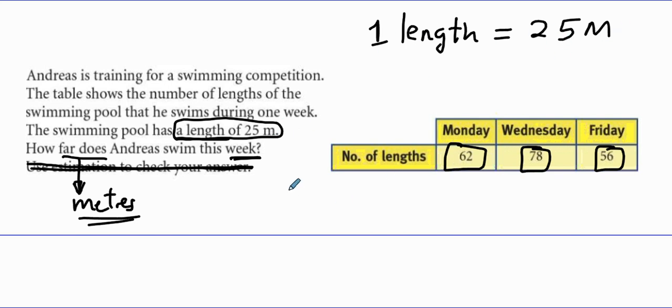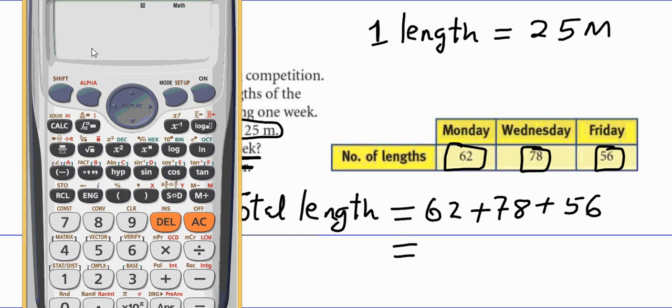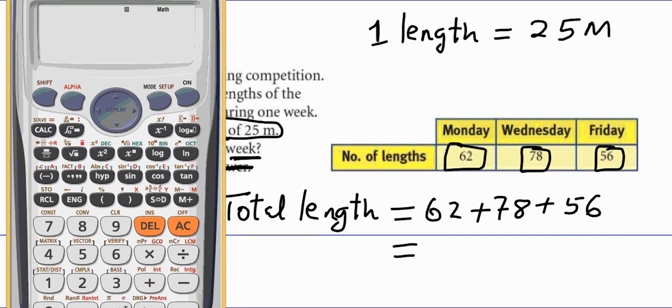So what we do, we have to find the total length. The total length will be 62 plus 78 plus 56. You can take your calculator and quickly do that. Let me use my calculator over here.